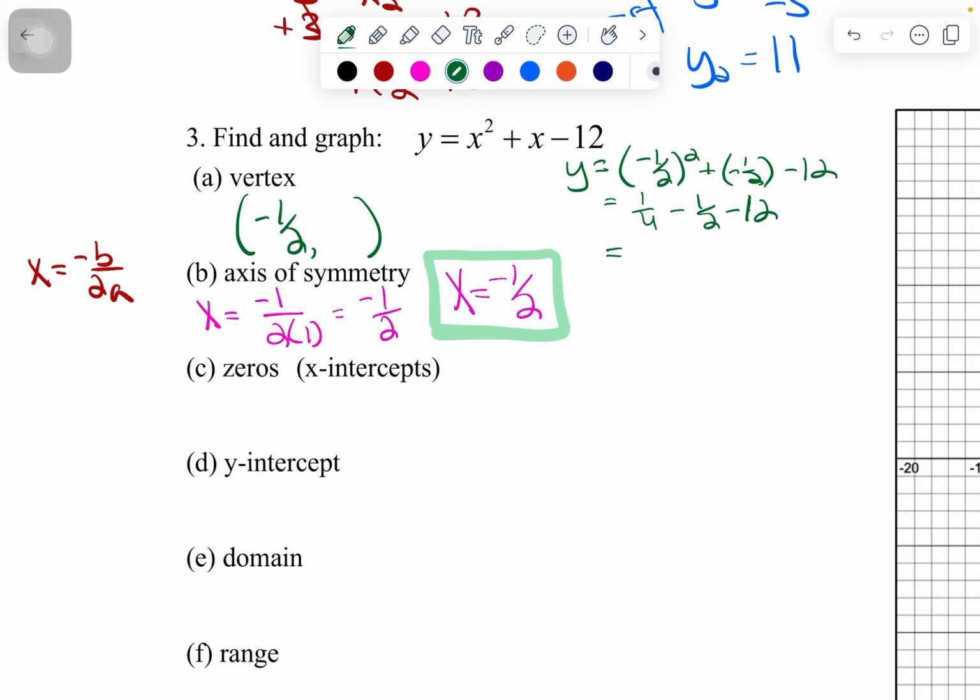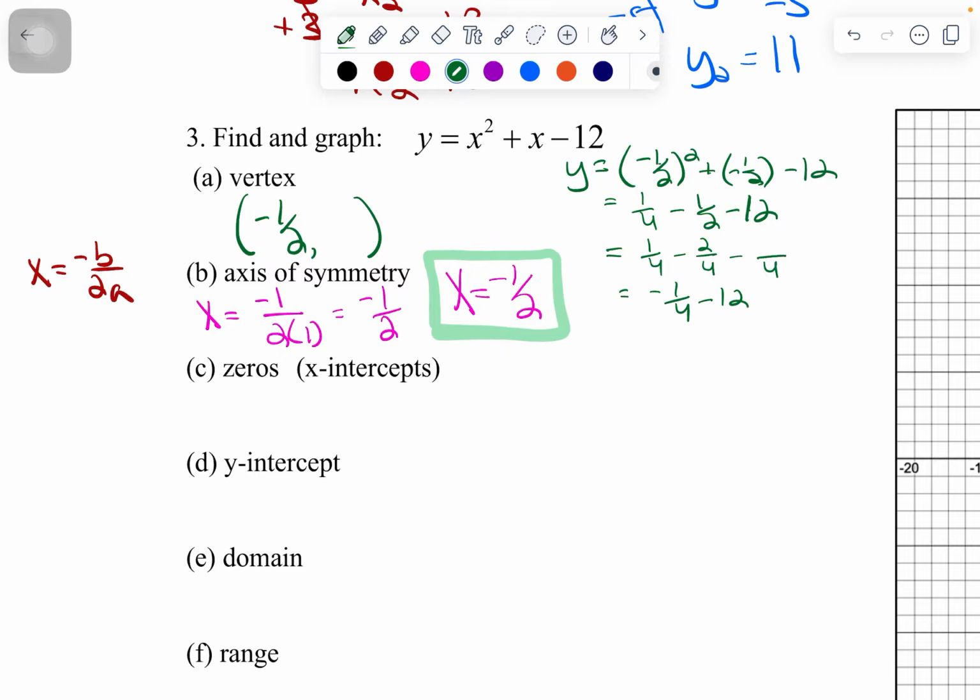Okay, so let's see what we got here. 1/4 minus 1/2. Let me go ahead and convert those into common denominators. So that's going to become a 4 there, so 2/4. So negative 1/4 minus 12, actually, let me convert the 12 as well.